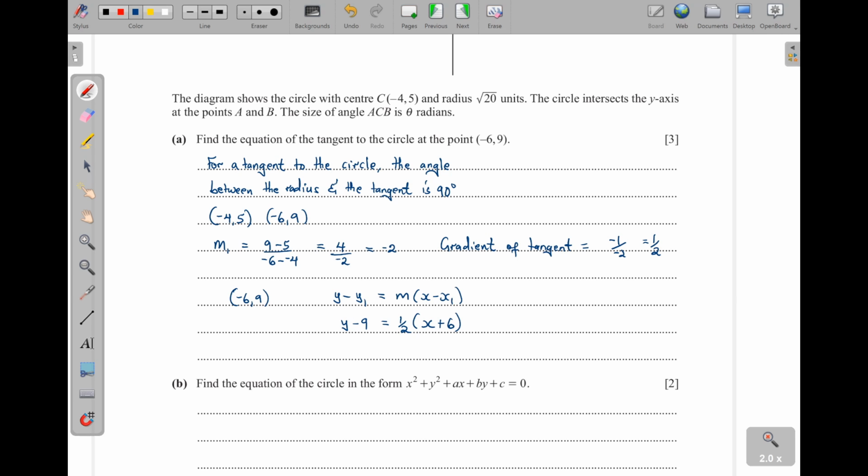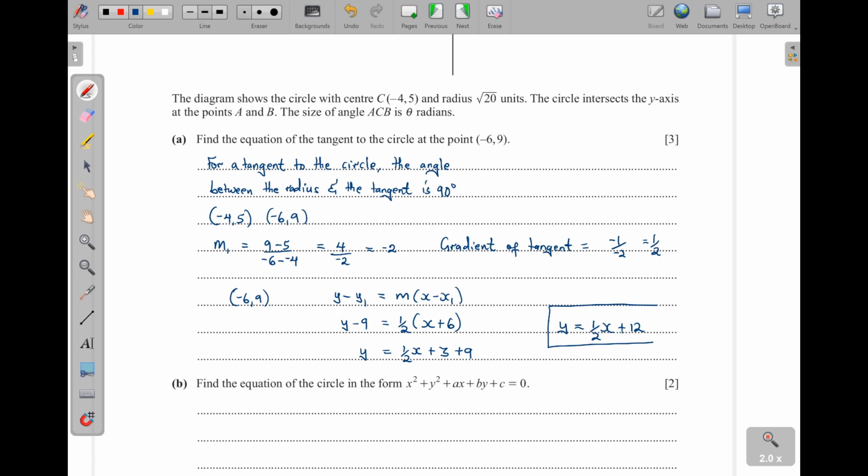Okay, and then when we open the brackets, this will be a half of x, then plus 3. A half of 6 is 3. Then this one will cross, and then it becomes a positive. So plus the 9, meaning the equation of the tangent is going to be y equals a half of x plus 12.